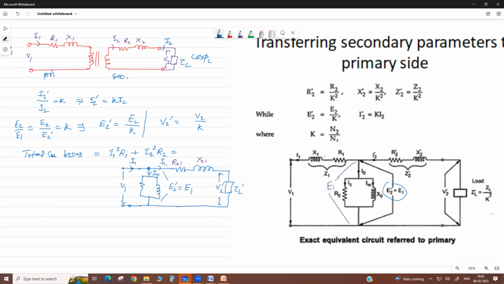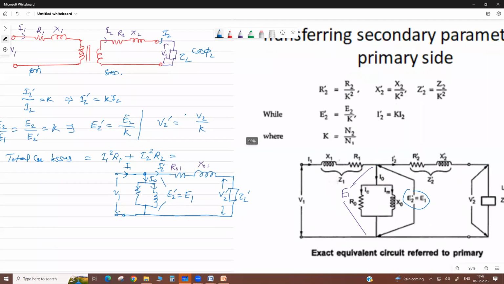Here it is your I2 dash. This is the current. I0 means magnetizing current. R naught, X naught. Anything else? No. Correct. Now this is your total equivalent.